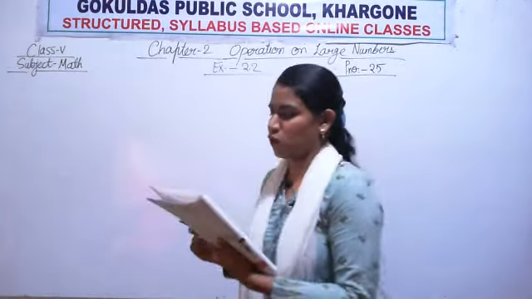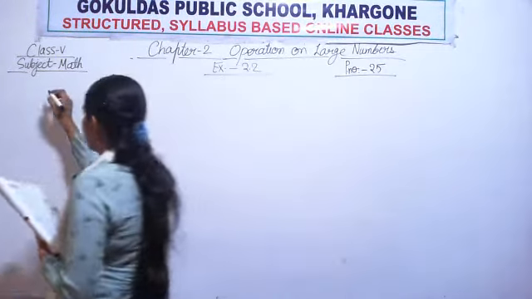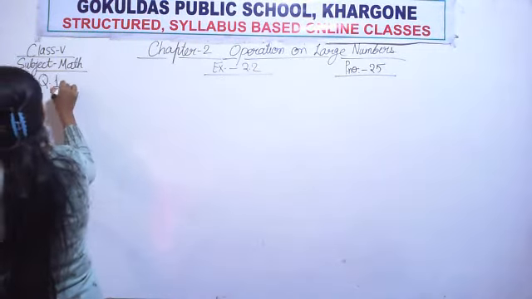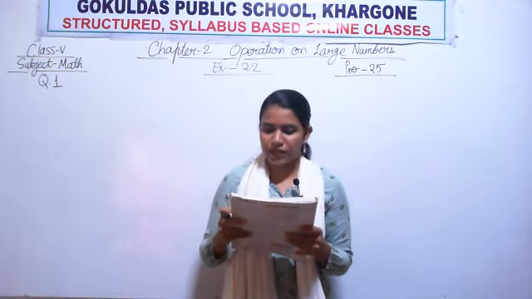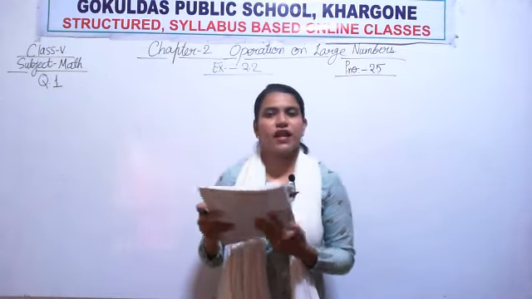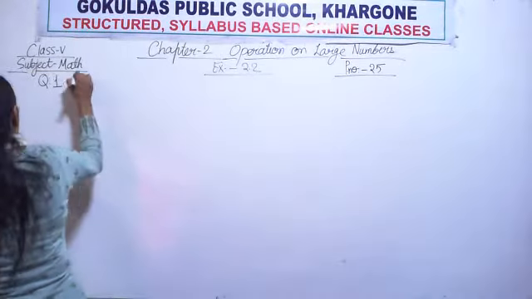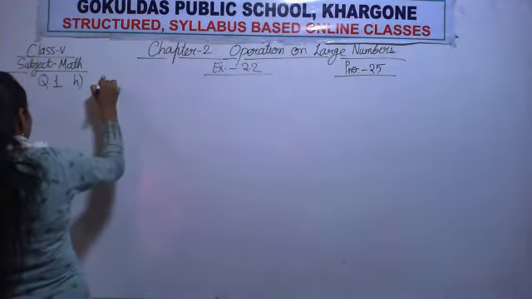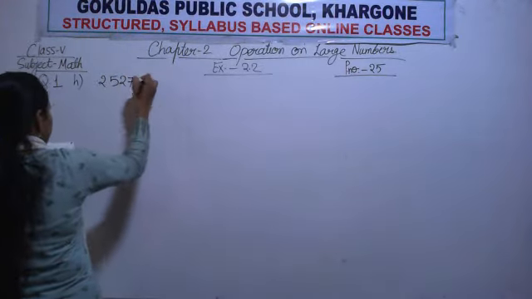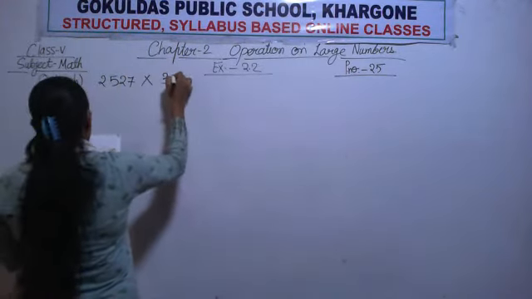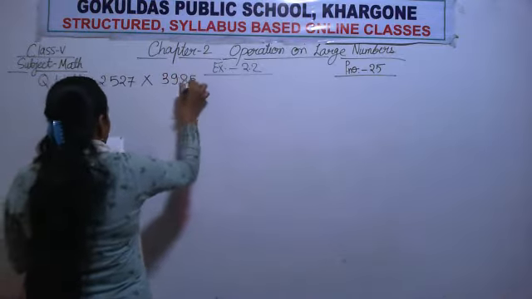Okay, so let us start. Your question 1 is multiply the following. I am taking part H as an example. 2527 multiplied by 3985.